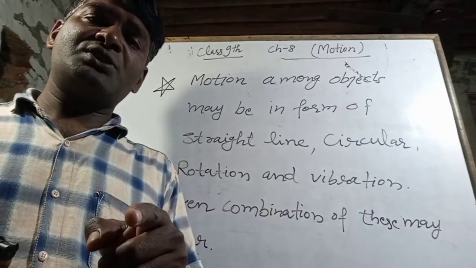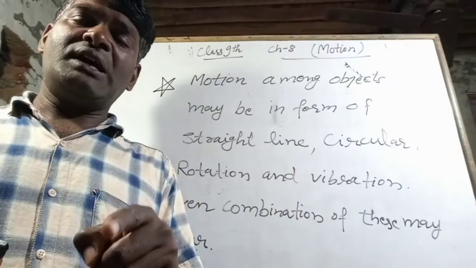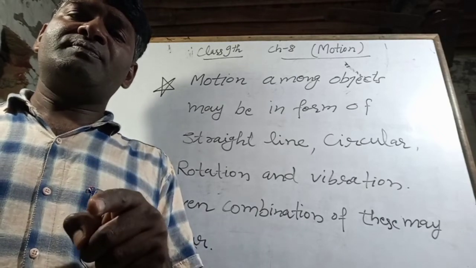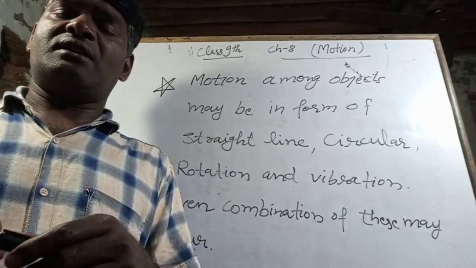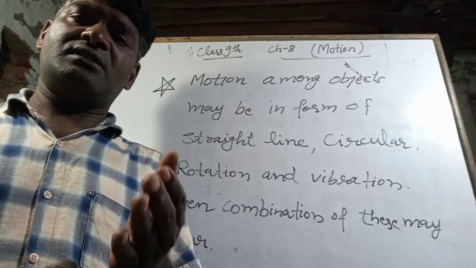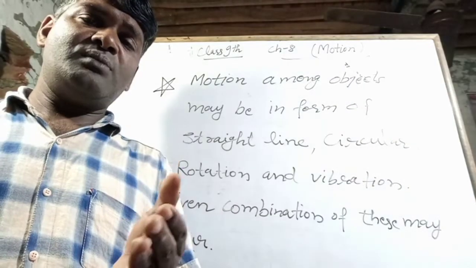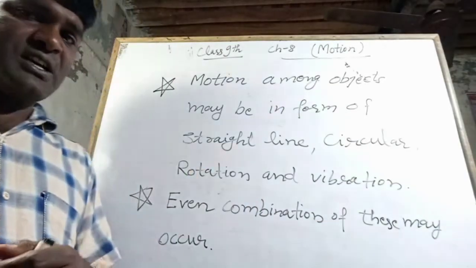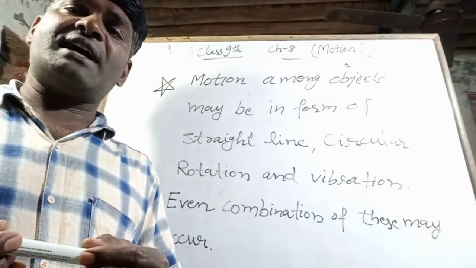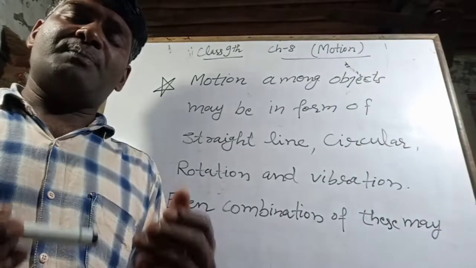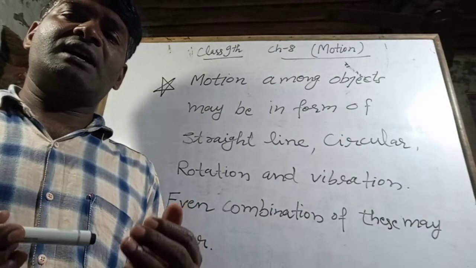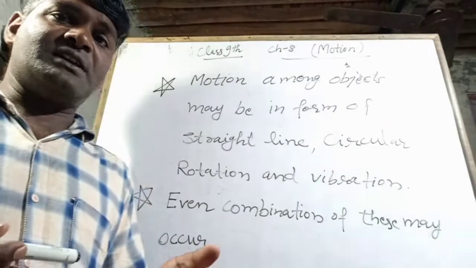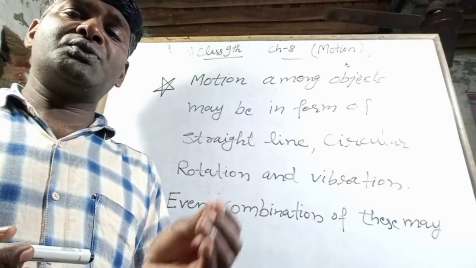For example, in most situations, the same object may be at rest with respect to one object and in motion with respect to another, and vice versa. As we discussed in our previous lecture, take a passenger sitting inside a bus traveling from your home to school.